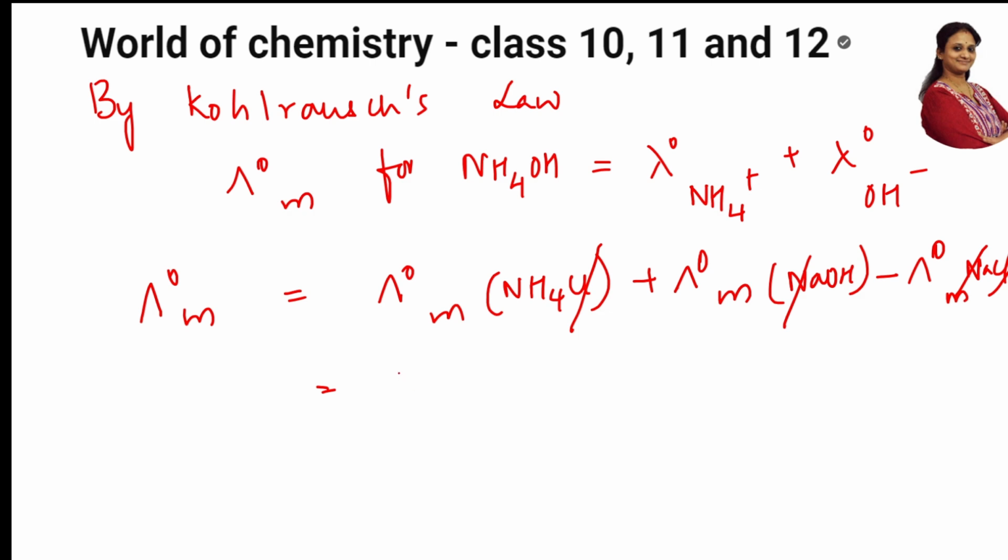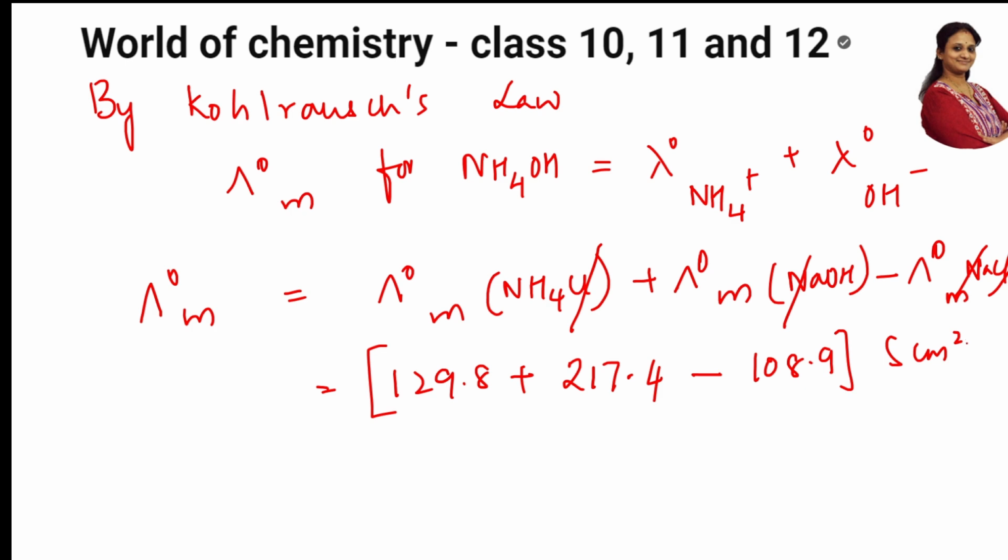Now write the values. First one, ammonium chloride is 129.8. Next, sodium hydroxide was 217.4. Sodium chloride is 108.9. Okay, done. The unit is Siemens centimeter square mole inverse.